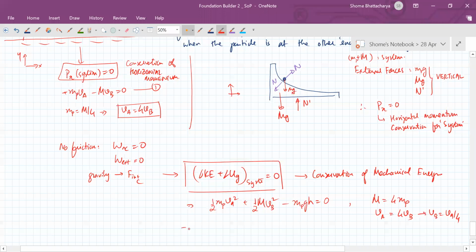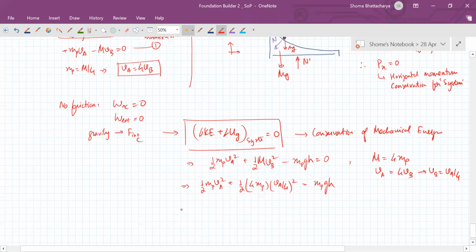Okay, so let's substitute that here. Capital M is 4 times the mass of the particle, and VB is VA by 4, and that should be equal to mgh for the particle.